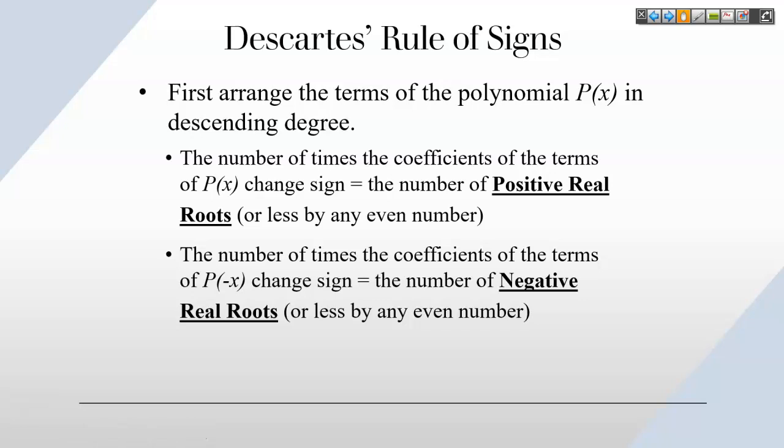Then the number of times the signs change from one term to the next determines the number of positive real roots, and it determines the max number. It does not guarantee that number, it just determines the max number. If we plug in a negative x, the negative x determines the number of negative real roots at a max.